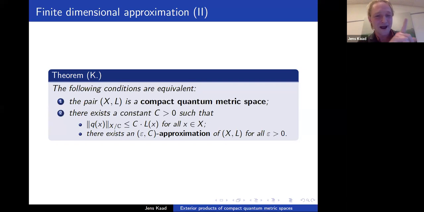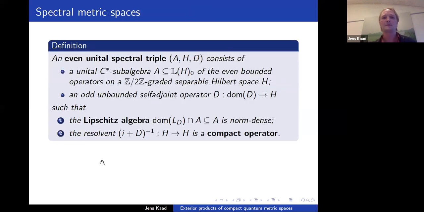But now I'm going to the second leg of this talk, which is about unital spectral triples and their products. So here are some reminders for a lot of you. Okay, so an even unital spectral triple, this is a triple where A is a unital C star subalgebra of the bounded operators acting on the Hilbert space, which is the second ingredient, a separable Hilbert space.